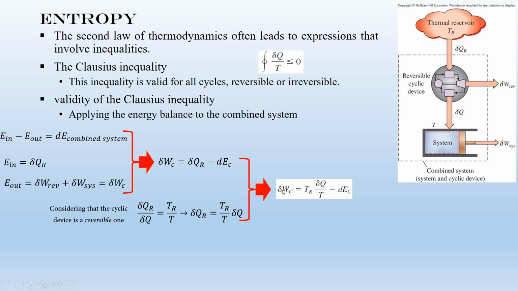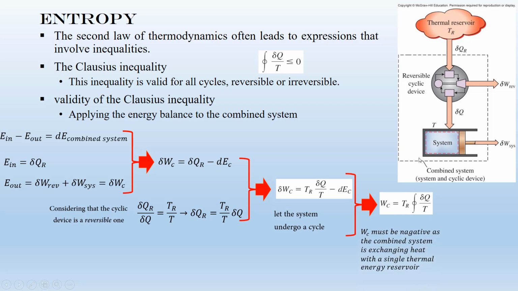This term will be WC, the TR is constant, so you can bring it out of the integral, and then you can write the integral for a cycle of delta Q over T. And this term will be 0 because this is a point parameter. We already discussed point parameters in chapter 1, I think. For each and every cycle, the integral or the delta for a point parameter is 0. So from here you can write WC equals to this term.